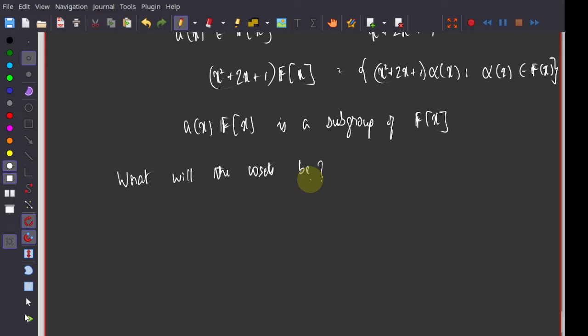Set of all polynomials with degree less than the degree of a. So these will be the cosets.